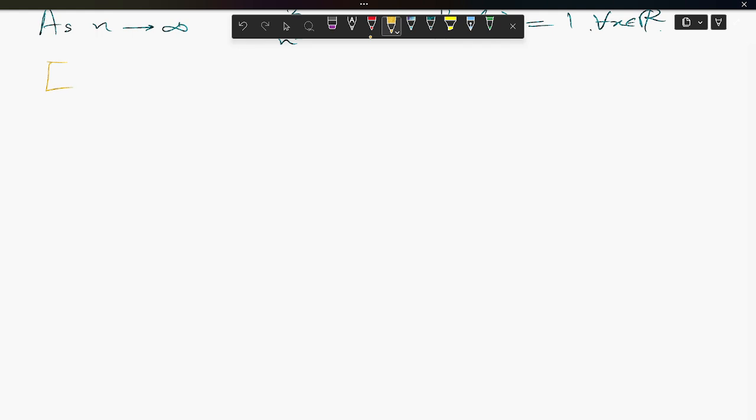Let us check first on the interval minus M to M. To check uniform convergence on minus M to M, we have to consider the supremum of this first.